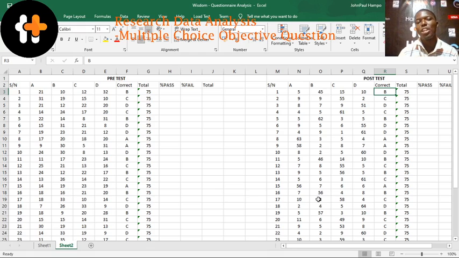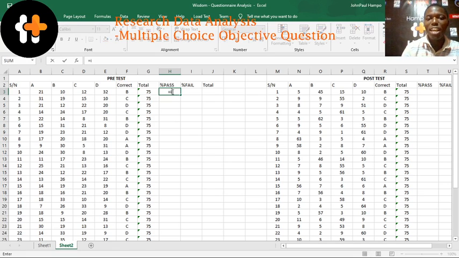In that situation, to get the percentage pass, we have to consider the option in this cell. So it's going to be with an IF. If this cell is equal to A, then what will you do?